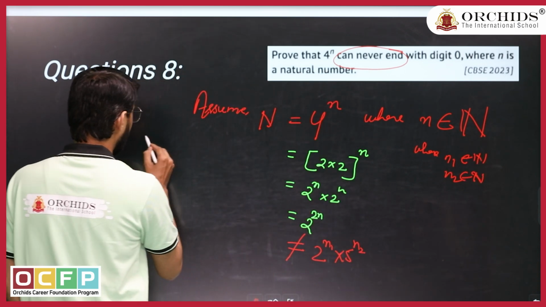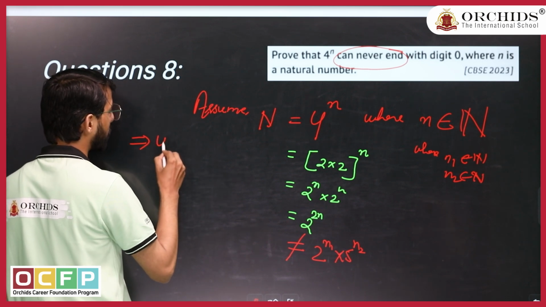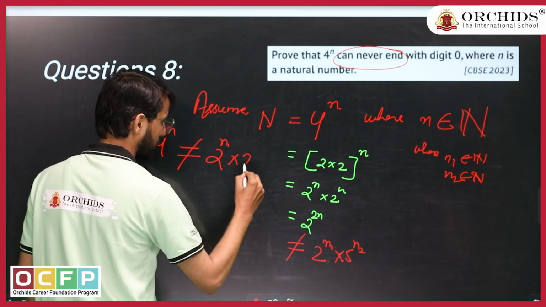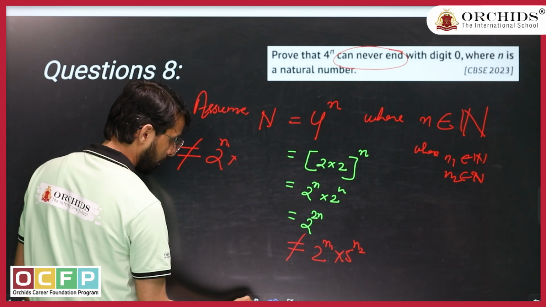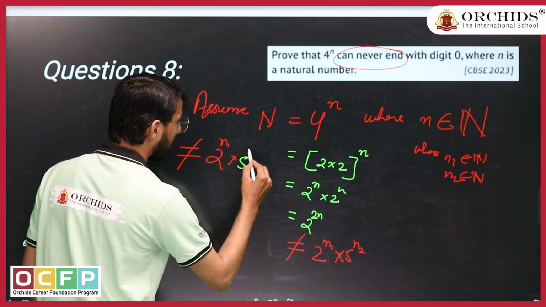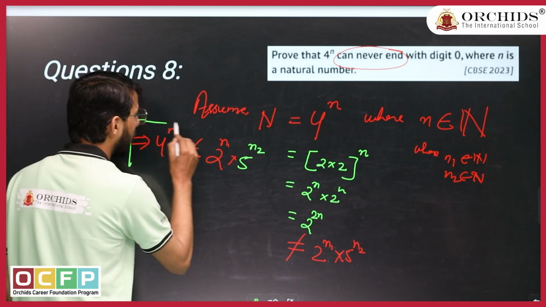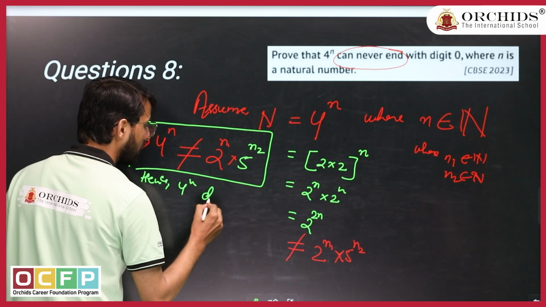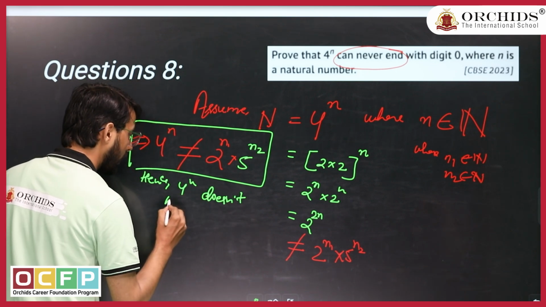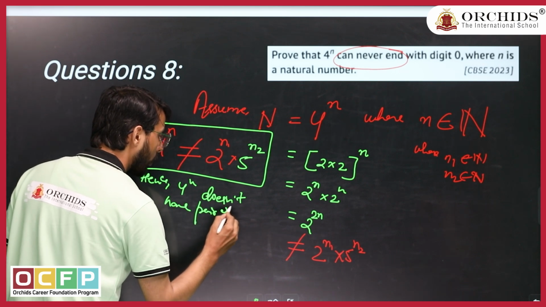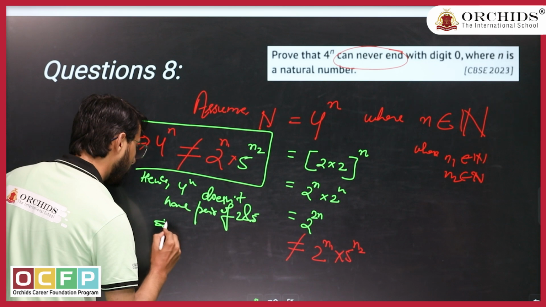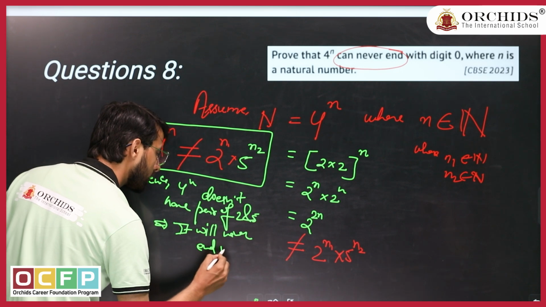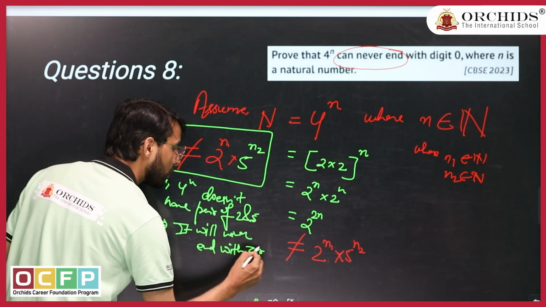So what we got: 4 power n cannot be written as 2 to the power n1 into 5 to the power n2. Hence 4 power n doesn't have a pair of 2 and 5. It will never end with 0.